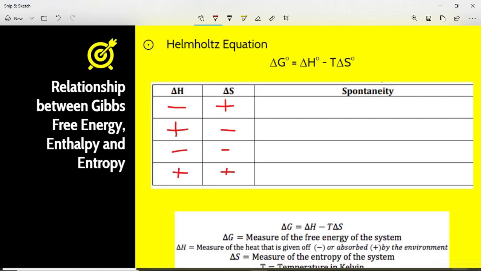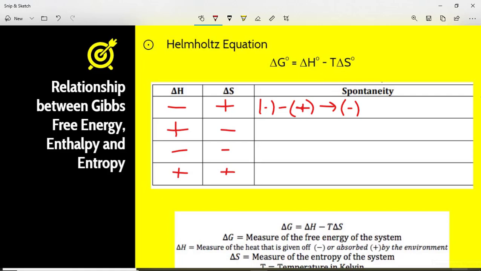So think about this just from a sheer mathematical perspective. If delta H is negative, okay, so we'll have a negative value for delta H, and we're going to subtract a positive value from that. Just like I said, we're just plugging generic numbers into the equation up above. If we do that, delta G is always going to be negative, all right?